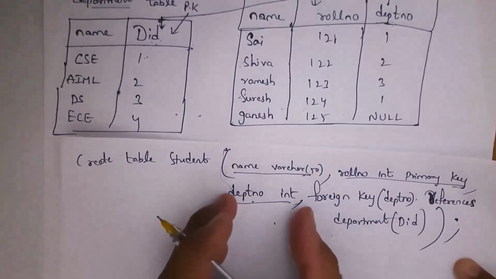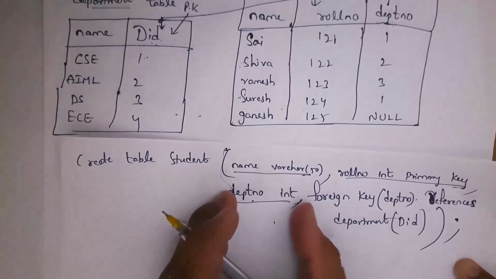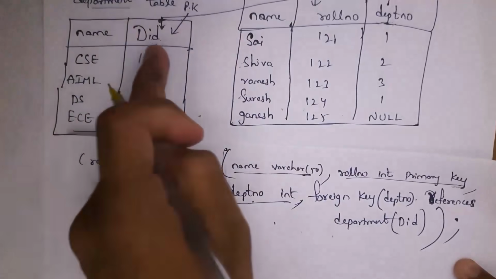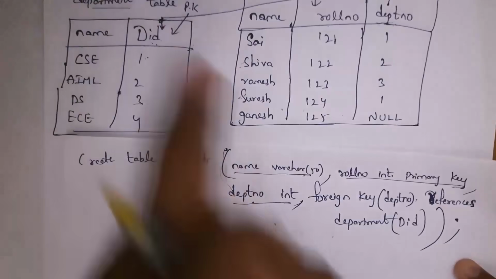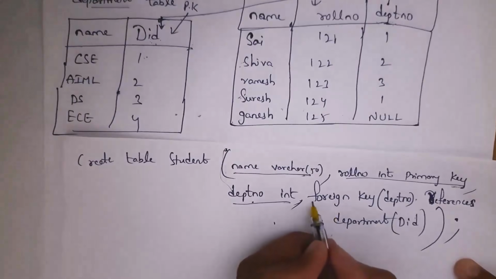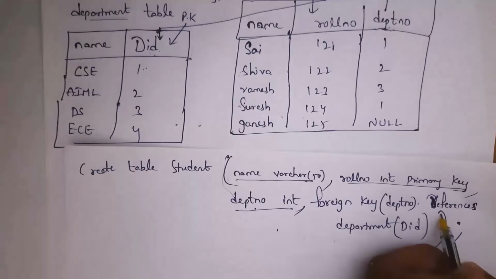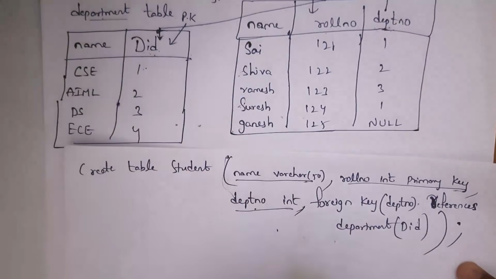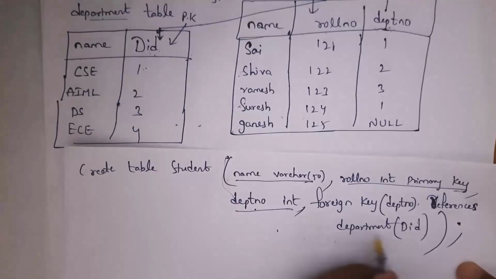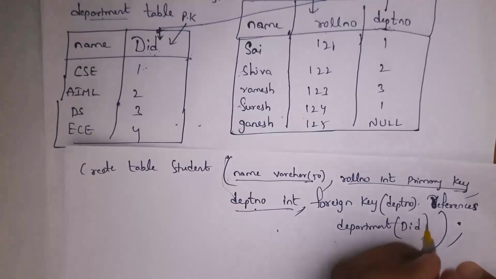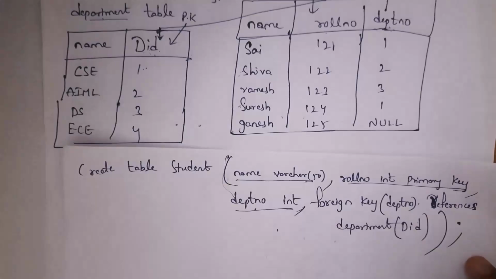Now I am selecting this department number column as a foreign key with references to the primary key, that is the DID column in the department table. So I wrote here FOREIGN KEY, inside brackets department number column, references department table, DID column. So department, which is the table name, inside brackets DID column, close this bracket and give a semicolon.